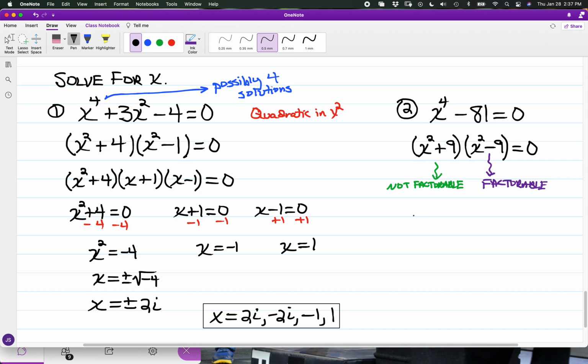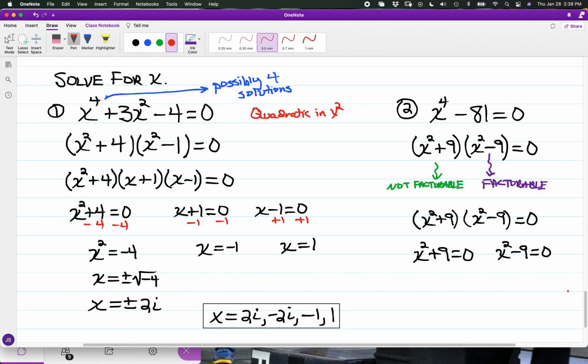But what I'm going to do here in the follow through is apply the square root property of equality for both sets of terms. So if I set both of these equal to 0, I have x squared plus 9 is equal to 0, and x squared minus 9 is equal to 0.